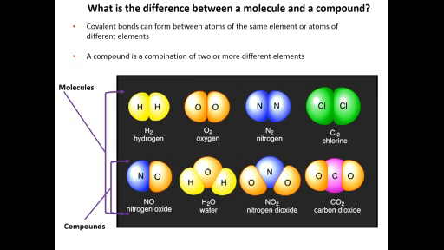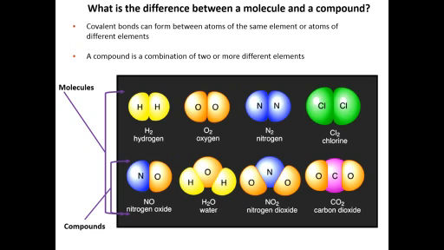Alright, so what's the difference between a molecule and a compound? Well, molecules are any combination of 2 or more elements forming a covalent bond. Well, you get a molecule. But not all of your molecules are compounds.